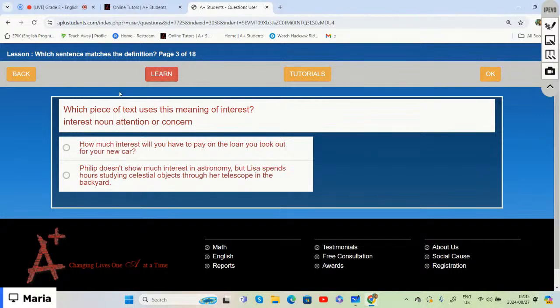All right, which piece of text uses the meaning of interest? And this interest is attention or concern. So, interest, attention, or concern.